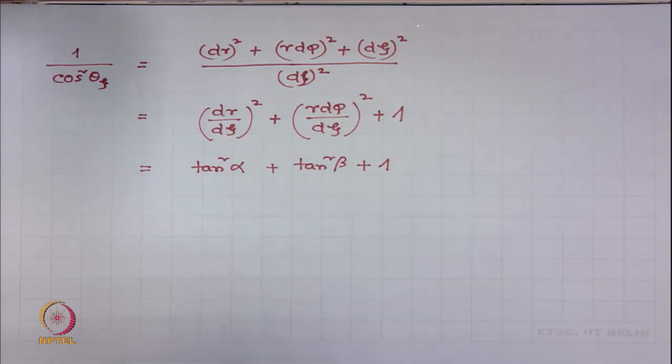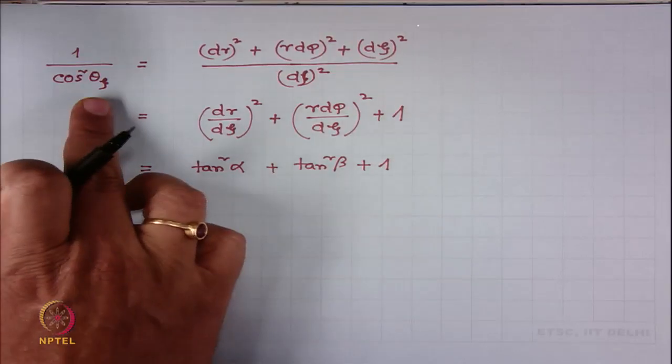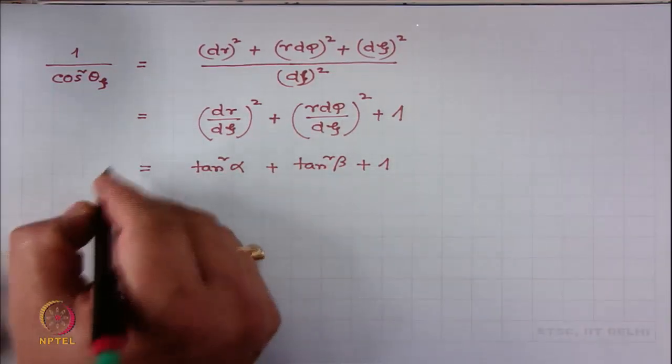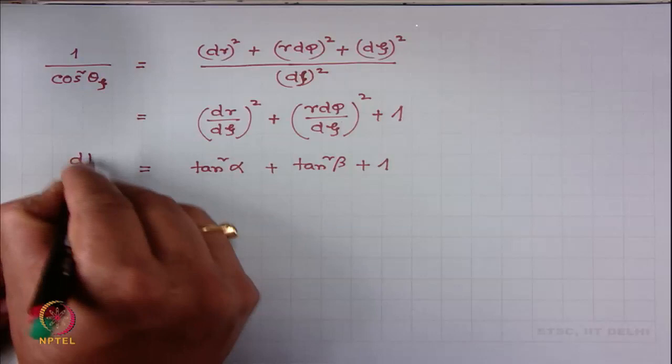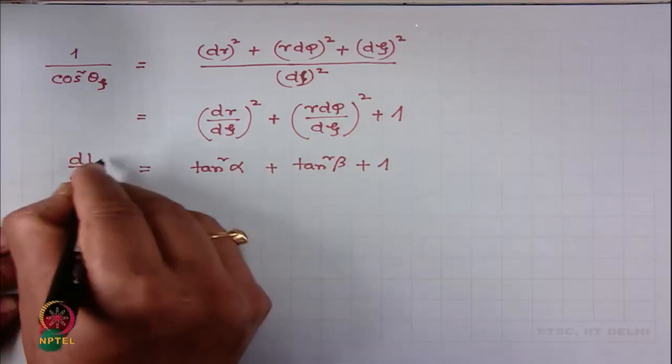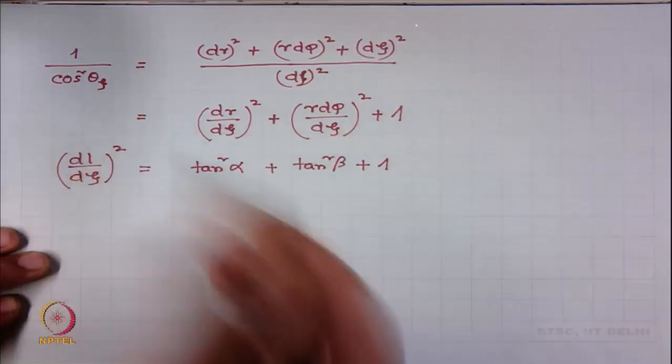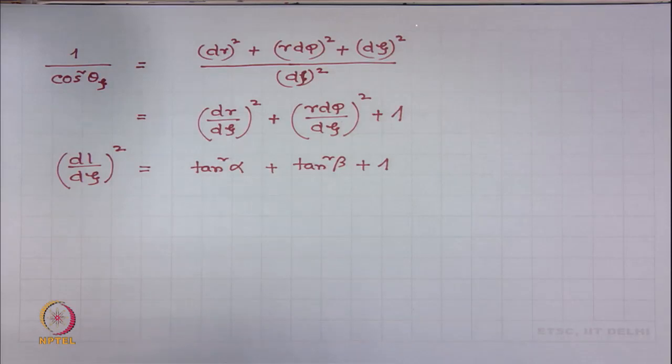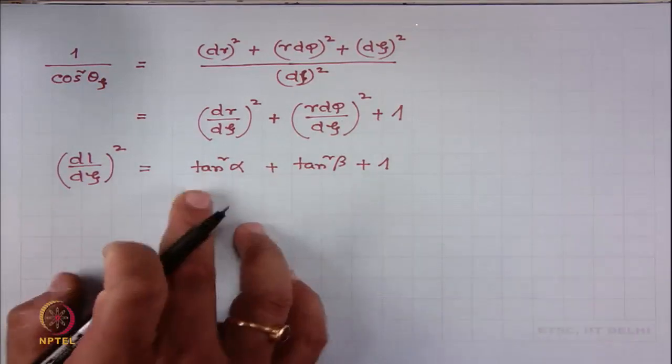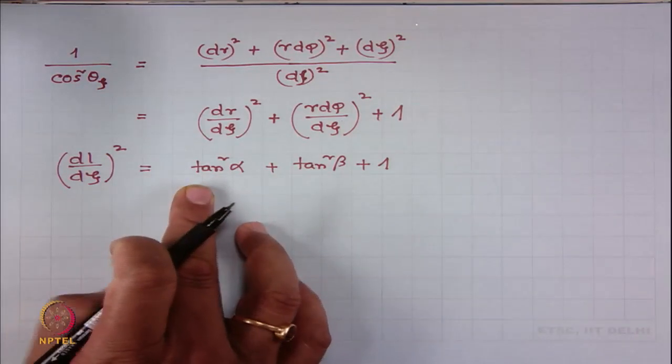And what was your cos theta zeta? That was d zeta by dl. So, this expression can also be obtained.